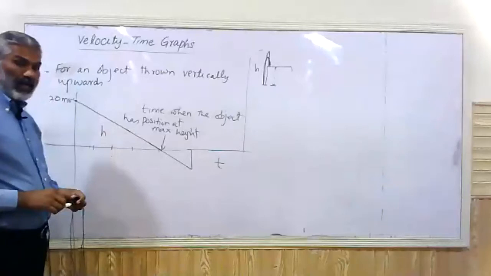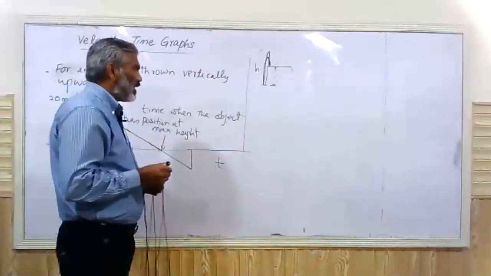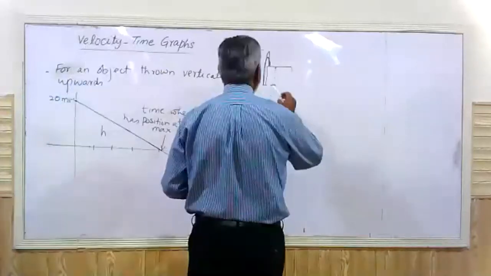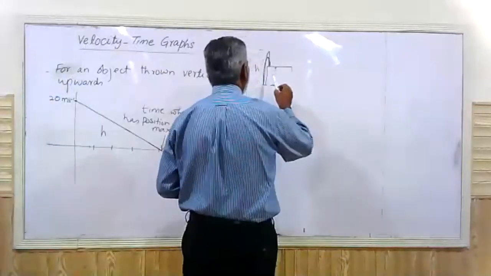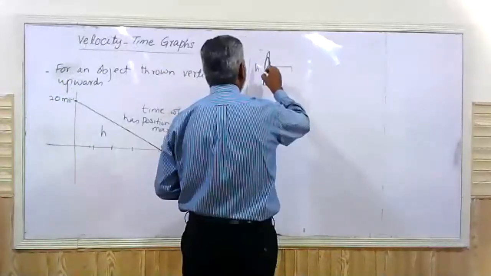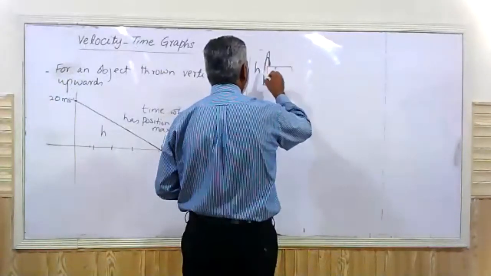But if they ask you to calculate the height of the building, the height of the building is simply this height minus this height through which it falls. So if this is the height, let me write this as capital H and this as small h.